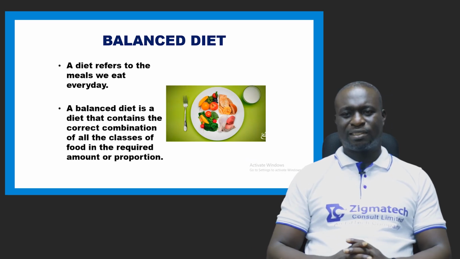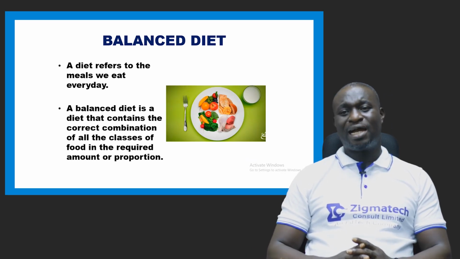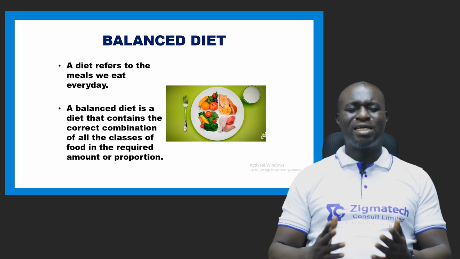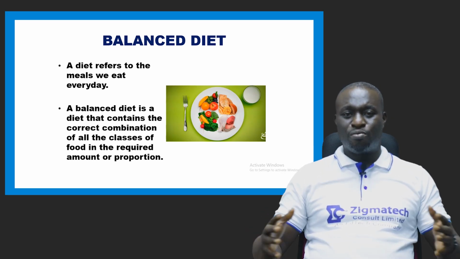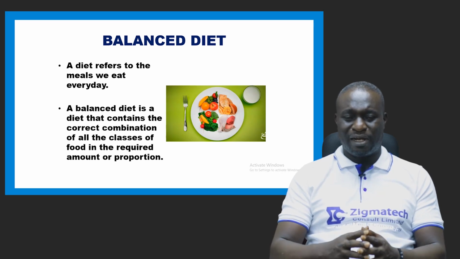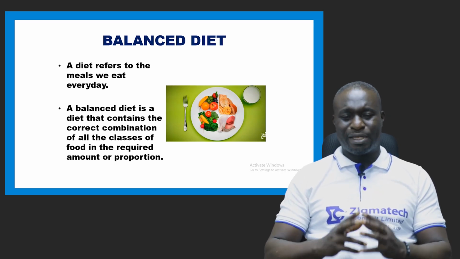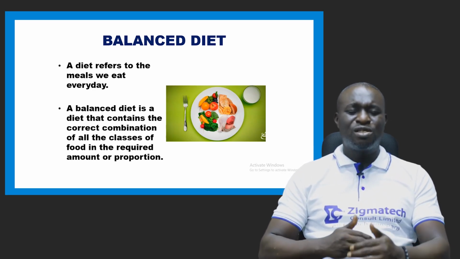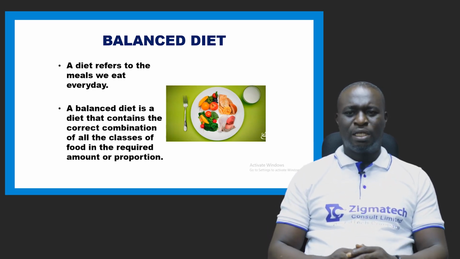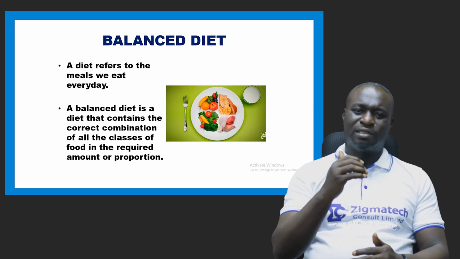Now, balanced diet. What exactly is a diet? A diet refers to the meals we eat every day. Now, remember what we said about a meal. A meal is a combination of food items we eat, all right? So a diet refers to the meals we eat every day. Now, what is a balanced diet?